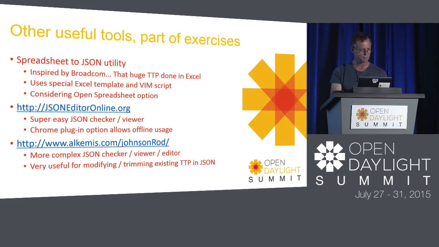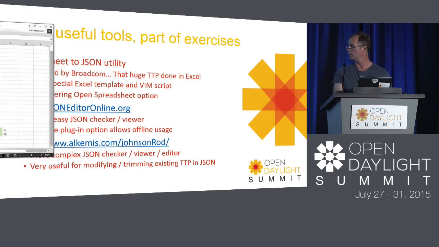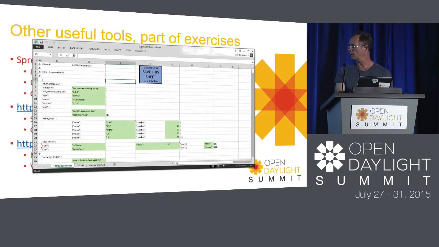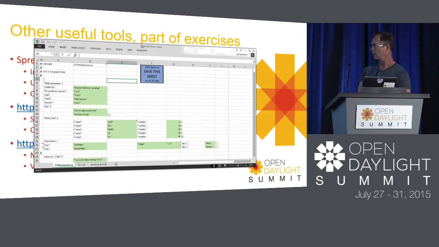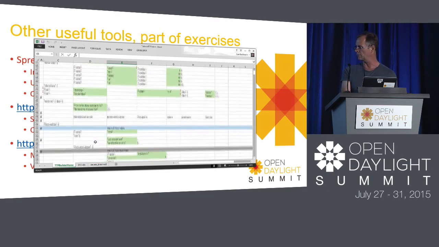There we go. In fact, I can haul this up now and put that on the screen. So this is my Excel spreadsheet that converts into a JSON file. What I've done is I've created these green fields that need to be filled in by the user, and the rest of it is just kind of boilerplate that is part of making the JSON.